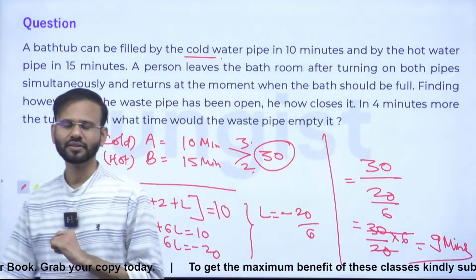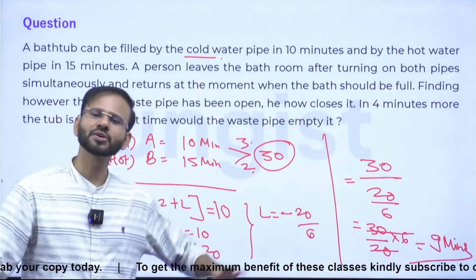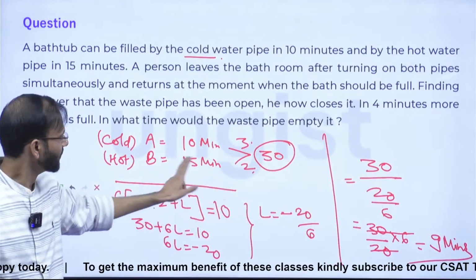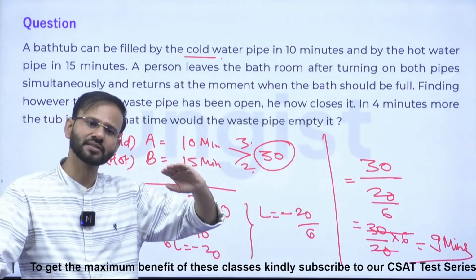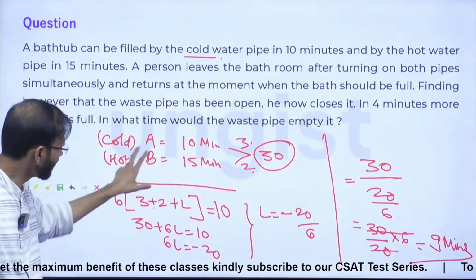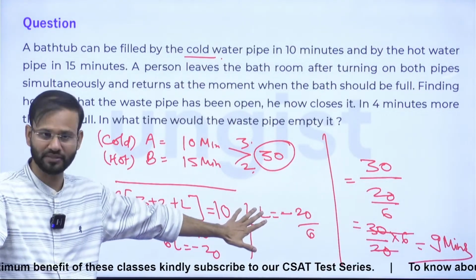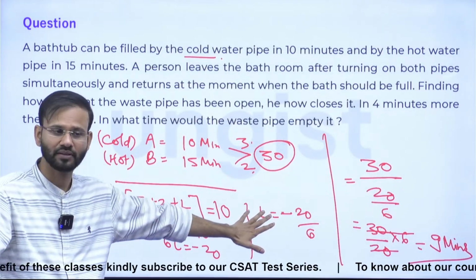So guys, you know what? Not everything is required to write. Here we have thought so many things, right? Then we have just written only the vital part of this question, right?